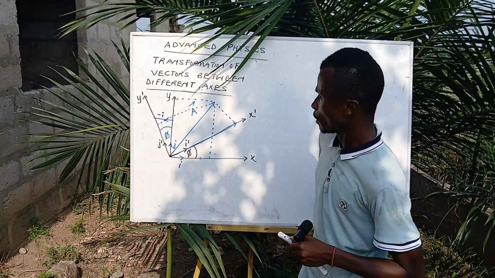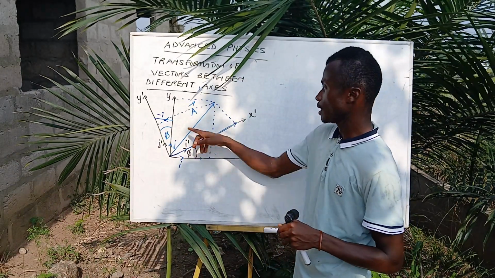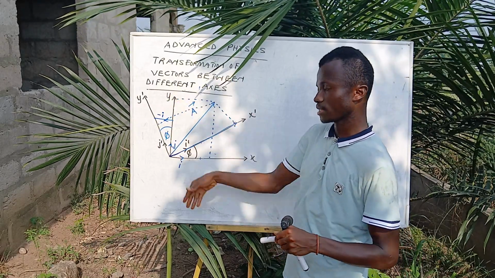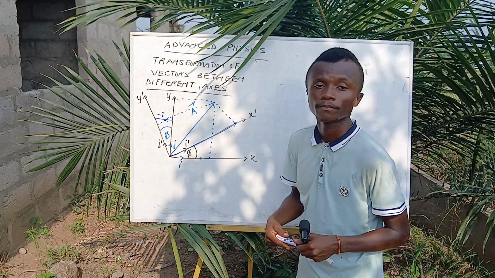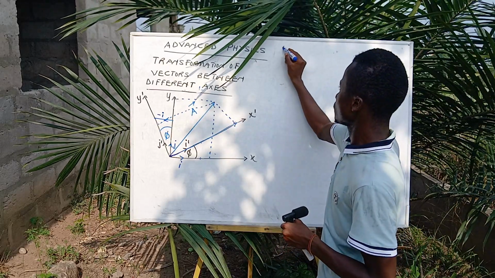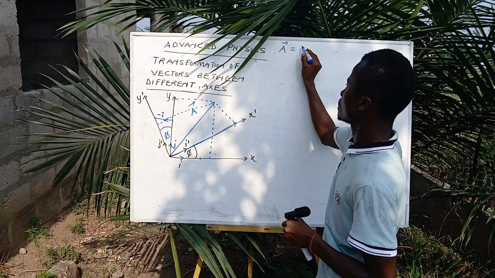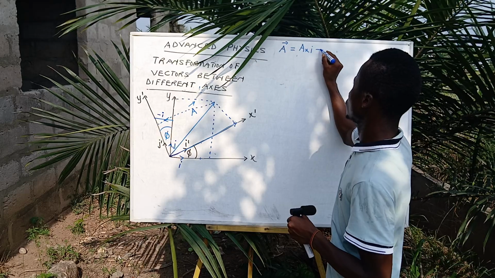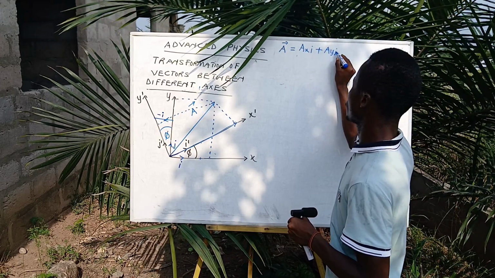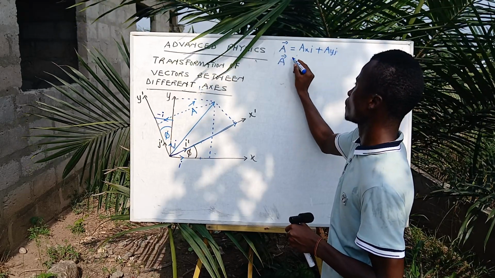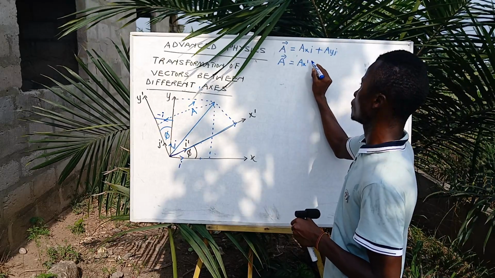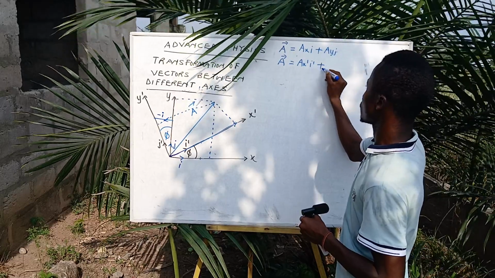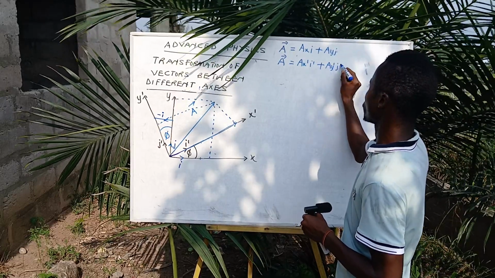So in summary, if you are given a vector A in the xy plane and you want to transform the coordinate into a new given axis, x prime, y prime. Now the vector A could be written in terms of ax and then ay, but it could also be written in terms of ax prime, which is a component in the x prime direction, i prime plus ay prime j prime.